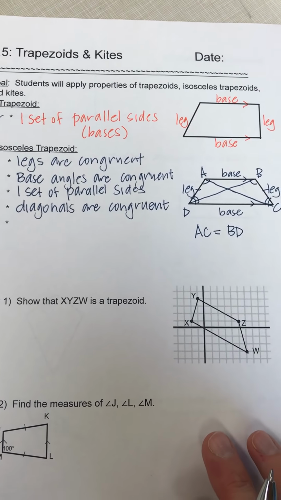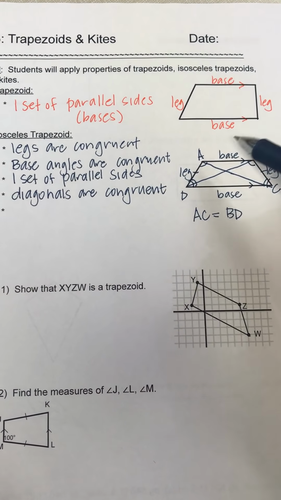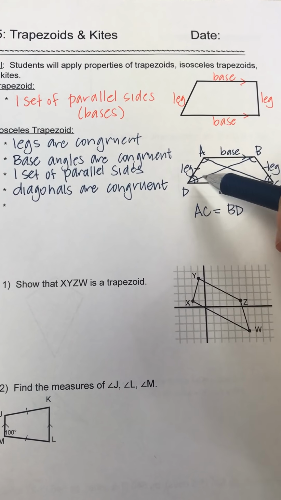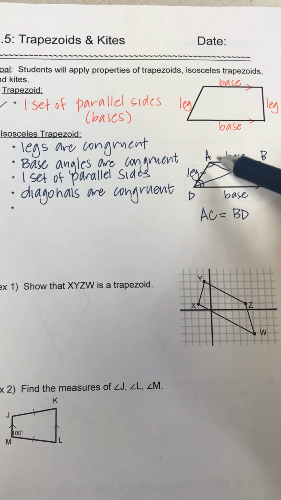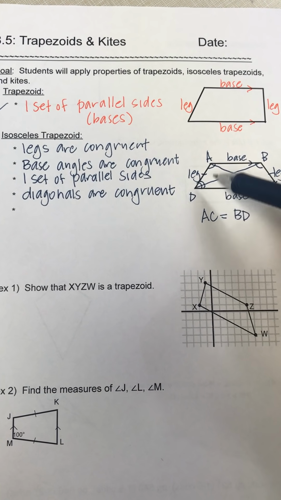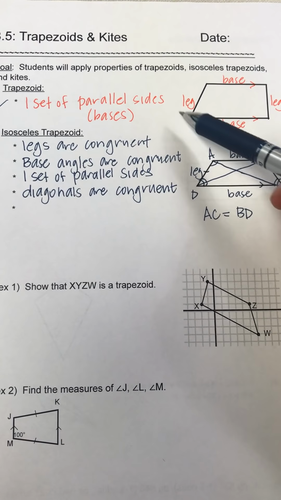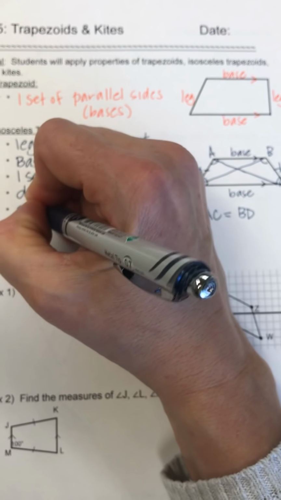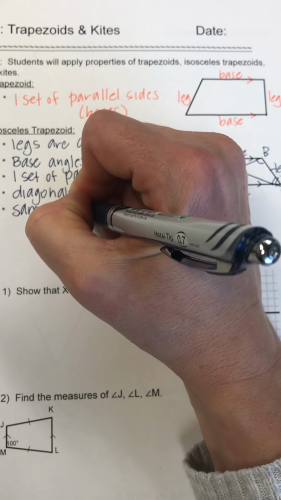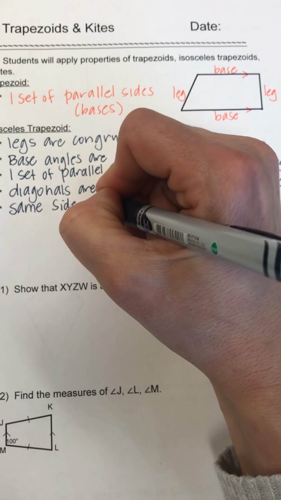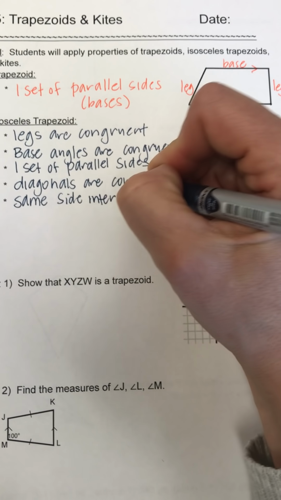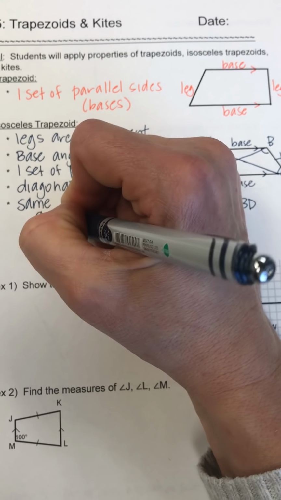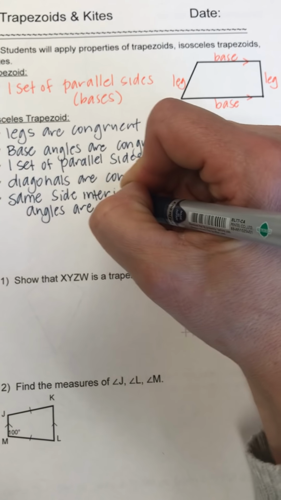But then also in an isosceles trapezoid, the same side interior angles are supplementary, which means they add to 180. But that's also the case up here, so I should have written that up here as well. So the same side interior angles are supplementary.